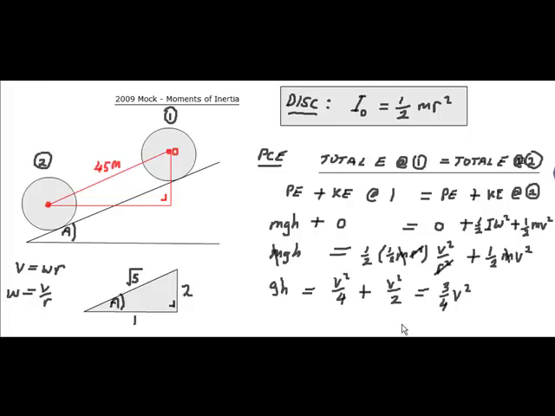That's gh. And we can also get h from trigonometry, because this is also the angle A, and if that's h, we can say that the sine of A is h over 45.